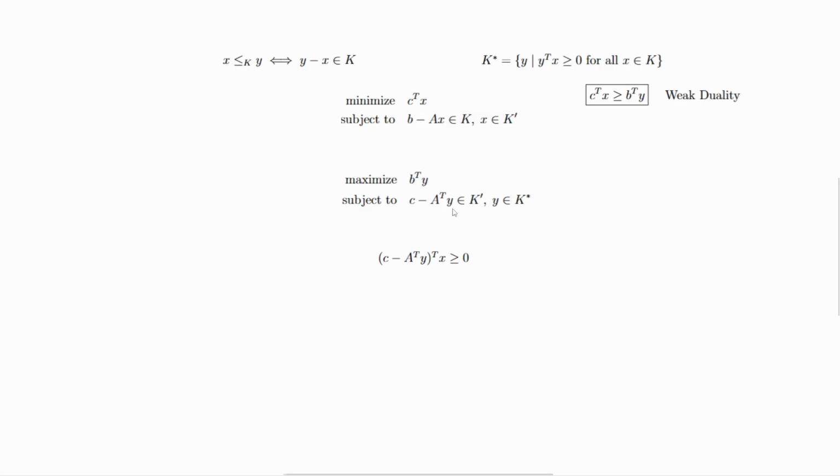So by properties of dual cones, we must have (c minus A transpose y) transpose times x greater than or equal to 0. So if you do some algebra and rearrange a little bit, then we recover our weak duality as desired.